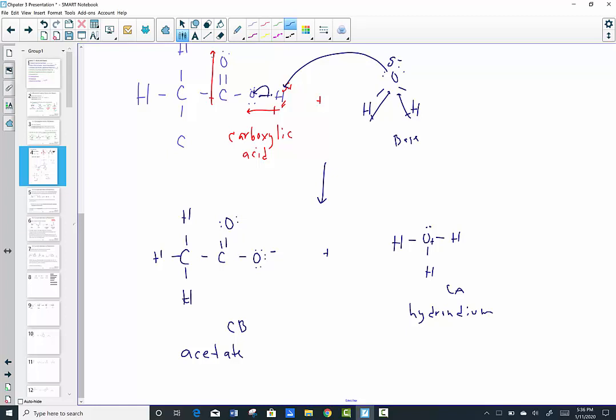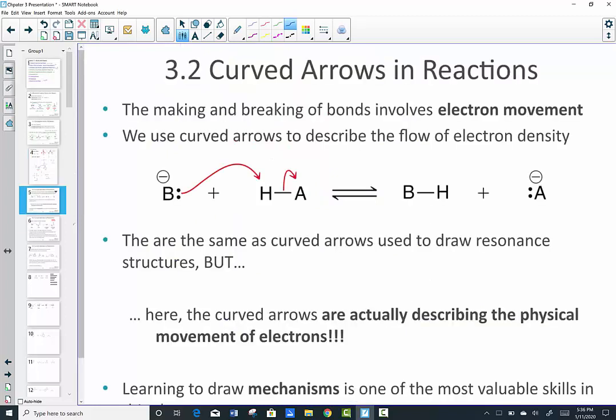So there's our theory, kind of just getting an idea of where we're heading with our acid-base chemistry. So I've been showing these curved arrows as representations of electron movement, and we use it to describe the flow of electron density. And it's very much the same arrow describing resonance that we used in last chapter, but that was more of a delocalized bond, right? In other words, if I had an aromatic compound, for instance, I could use these electron arrows to show that each bond could move to a separate place.